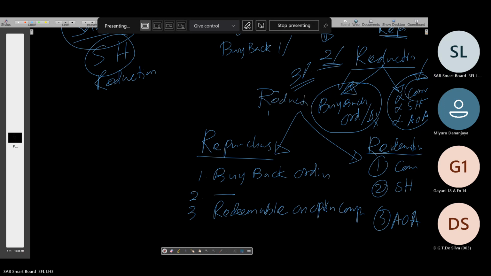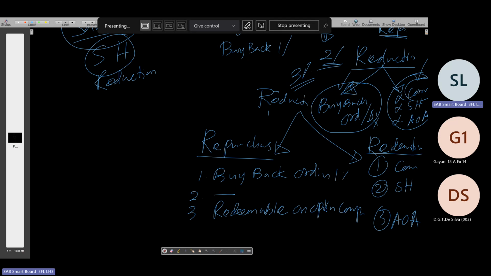Now here the company is going to repurchase the ordinary shares by 1%. Redeemable shares are going to be redeemed on the option of the company by 2%. So altogether, there is a reduction of stated capital by 3%. That's all. You have to recognize that.